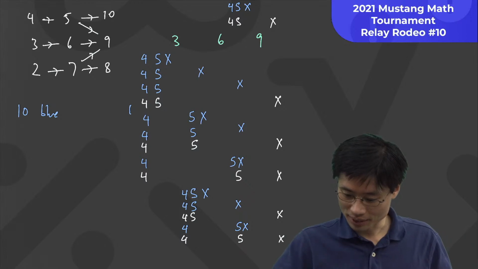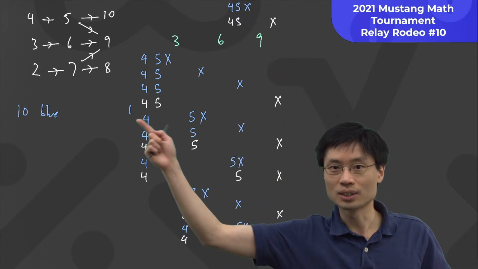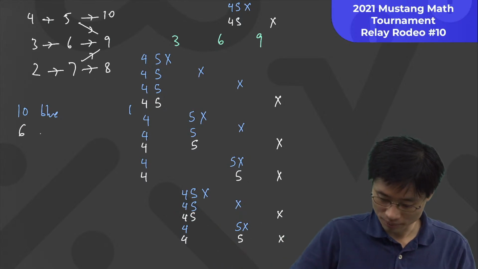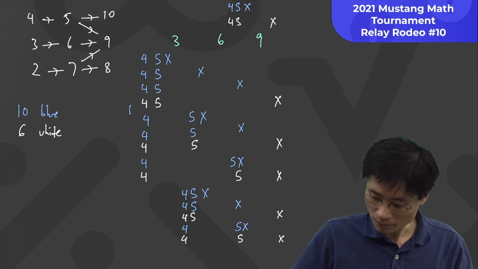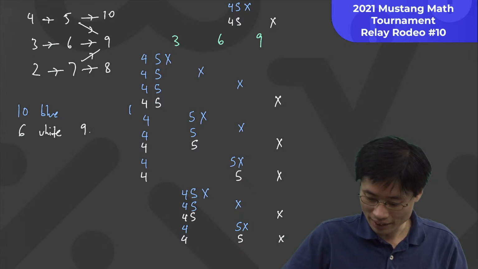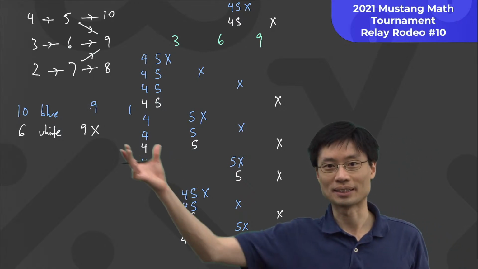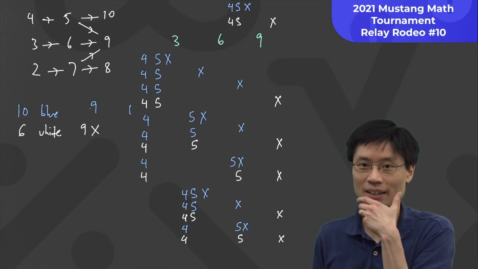And how many whites? 1, 2, 3, 4, 5, 6 whites. And white means that you have 9 and then a 10. And the blue means that you have 9 at the end. These are the 2 different possibilities that we have here.